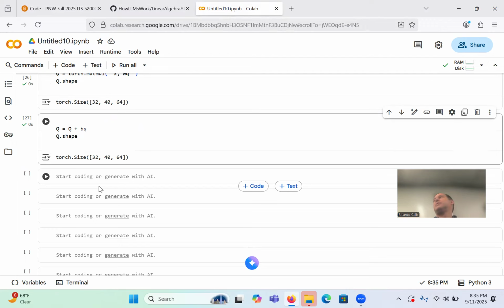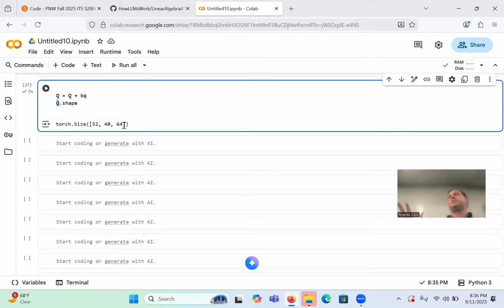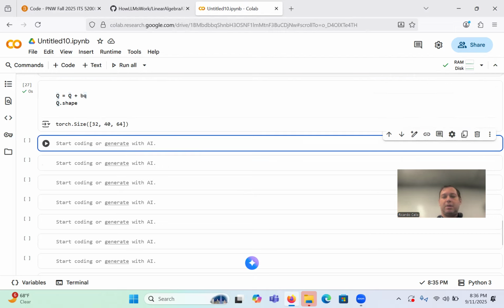And that's the y-intercept, right? It's the same idea. But now, guess what? I did q plus bq. Now x has been transformed to q. And all I did is 32, 40, 64. So I compressed it a little bit. And it's a vector space of 64 instead of 512 for each sample, for each word, actually.